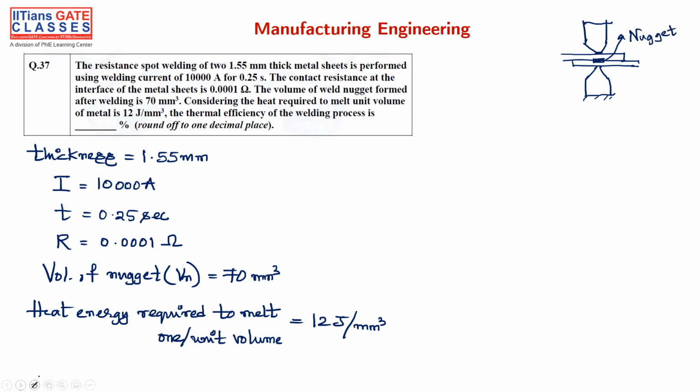So we already know the thermal efficiency formula: eta m is equal to heat utilized by heat supplied, or energy supplied.